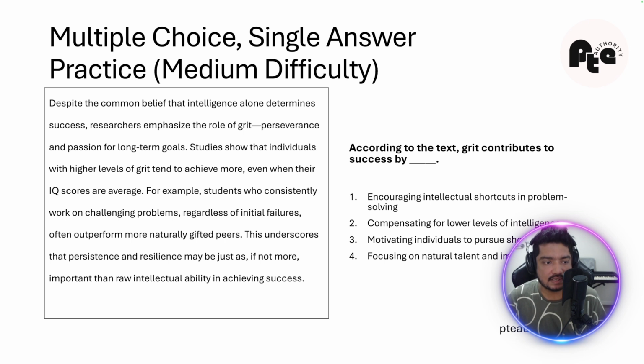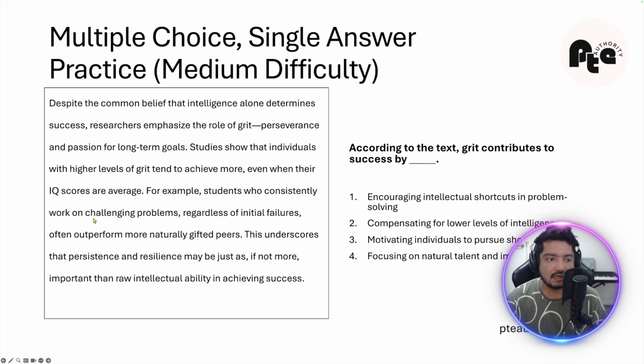This underscores that persistence and resilience may be just as, if not more, important than raw intellectual ability in achieving success.